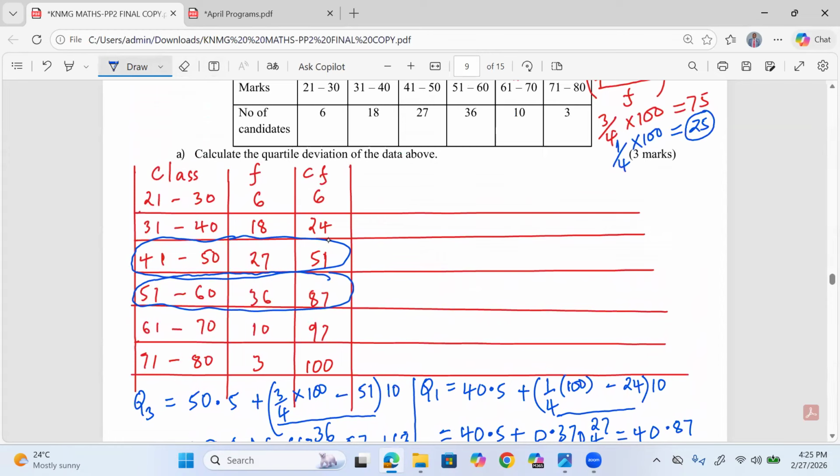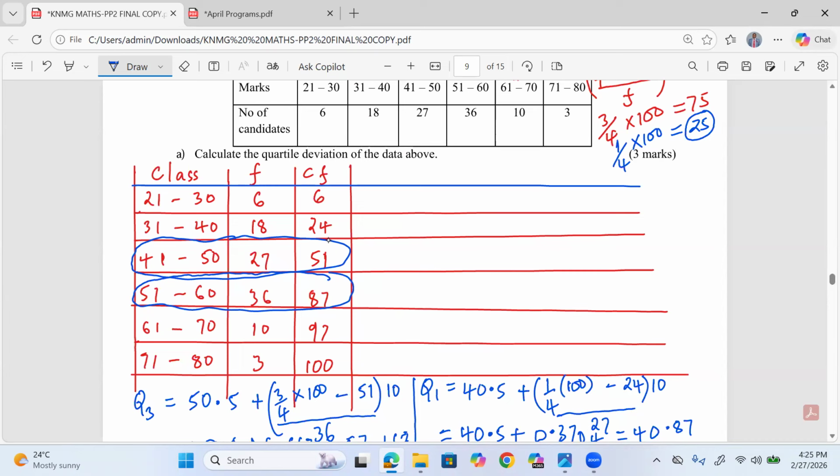Allow me also introduce another horizontal line there. This way. Yeah, like that.